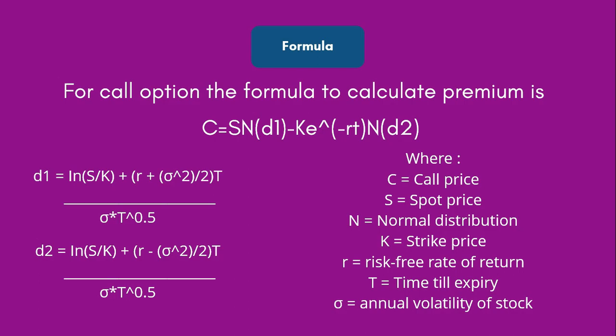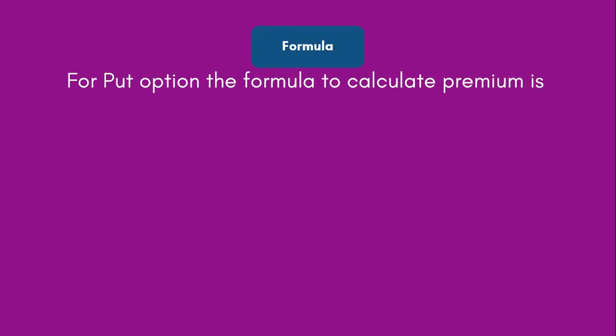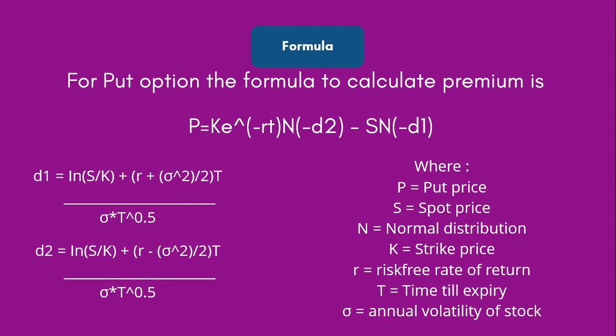This formula is already embedded, and the prices that you see of call and put are the output of this formula that you see on your screen. Similarly, the formula for put option would be something like this. The difference is that here we take minus d2 and minus d1, and rest everything is same. And this is one of the most effective ways to find the value of calls and puts.